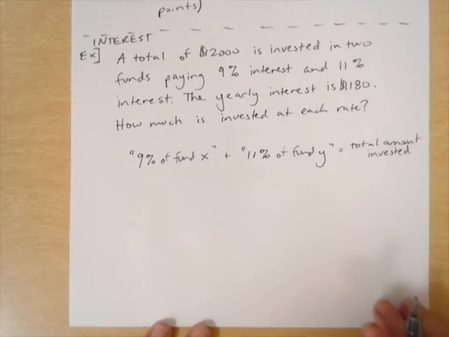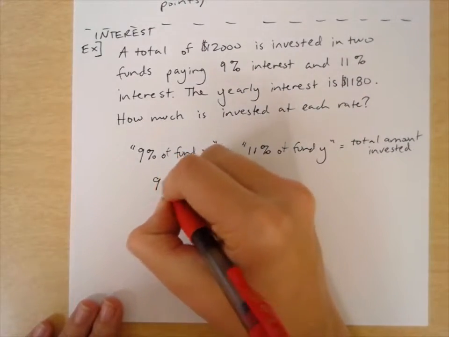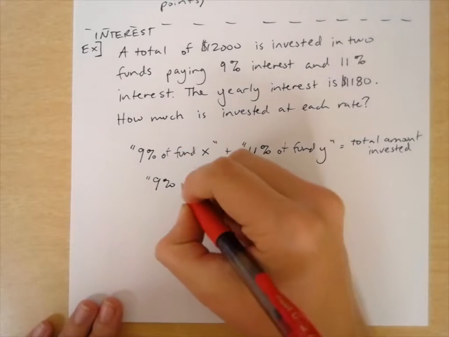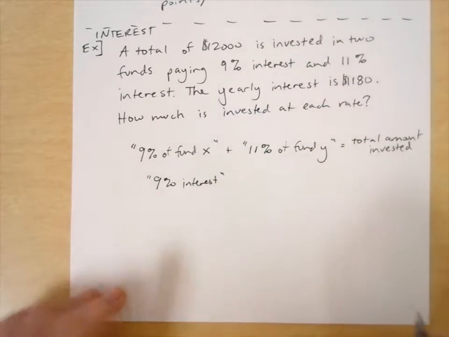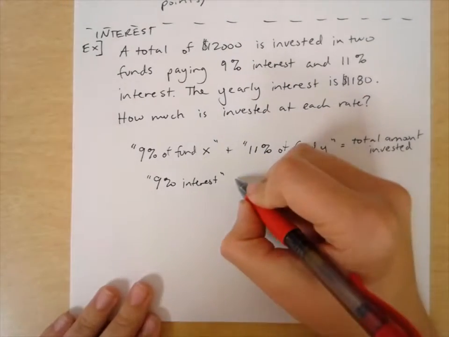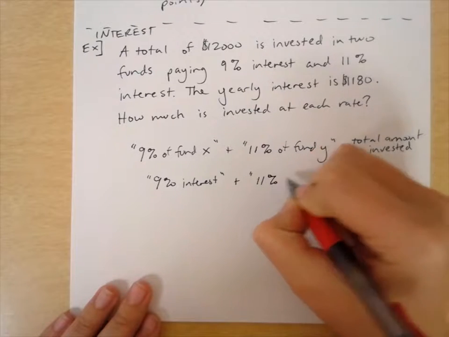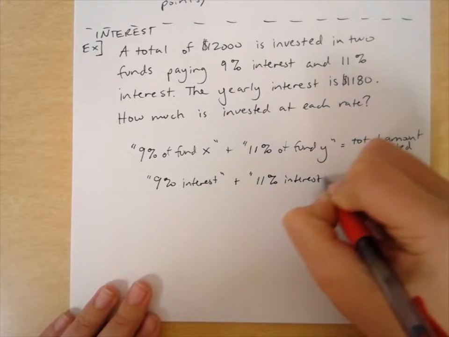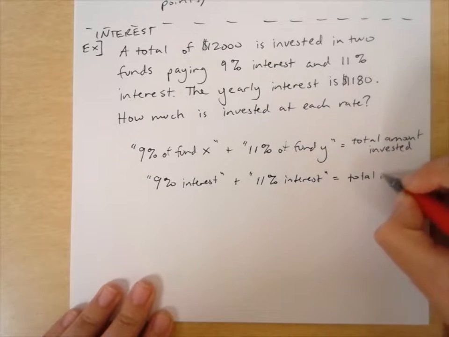Now let's work with that interest rate. We know that we have 9% interest plus 11% interest equals that total interest.